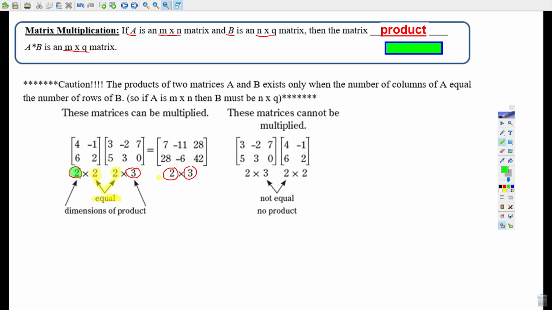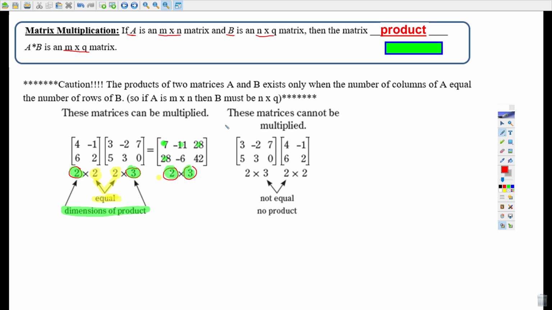That gives us a 2 by 3 out, 2 rows, 3 columns, and that gives you the dimensions of the product. Now, we're not even talking about how you multiply them together yet. We're just talking about whether you can multiply them, and if you can, what dimension you get out. So when we cross a 2 by 2 with the 2 by 3, we get out a 2 by 3. That's what we're looking at.